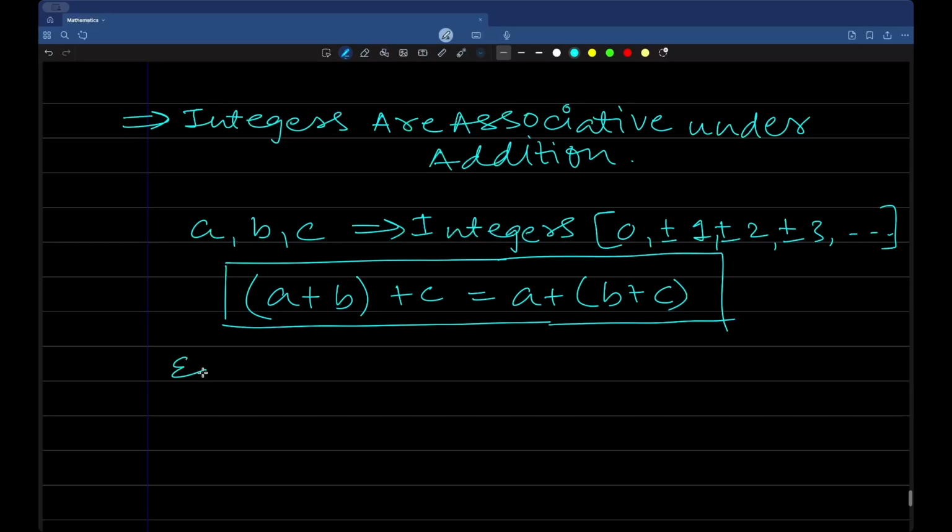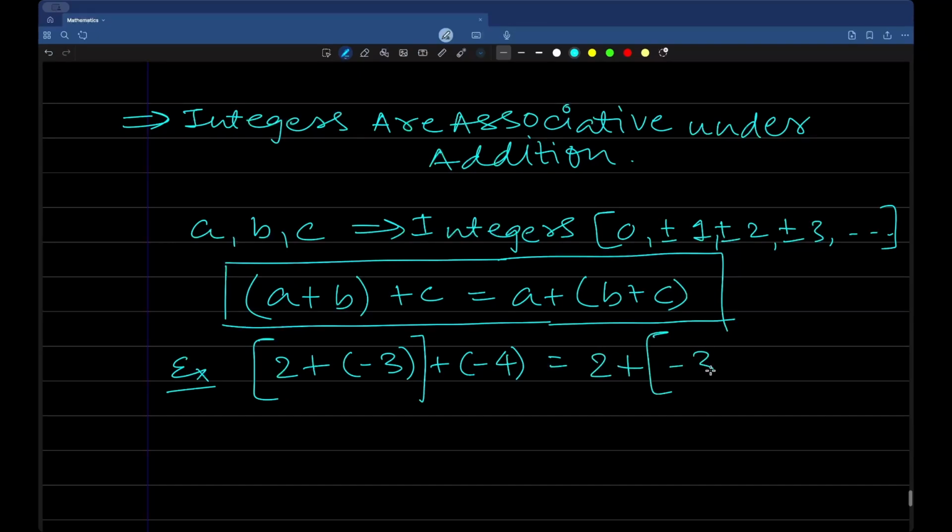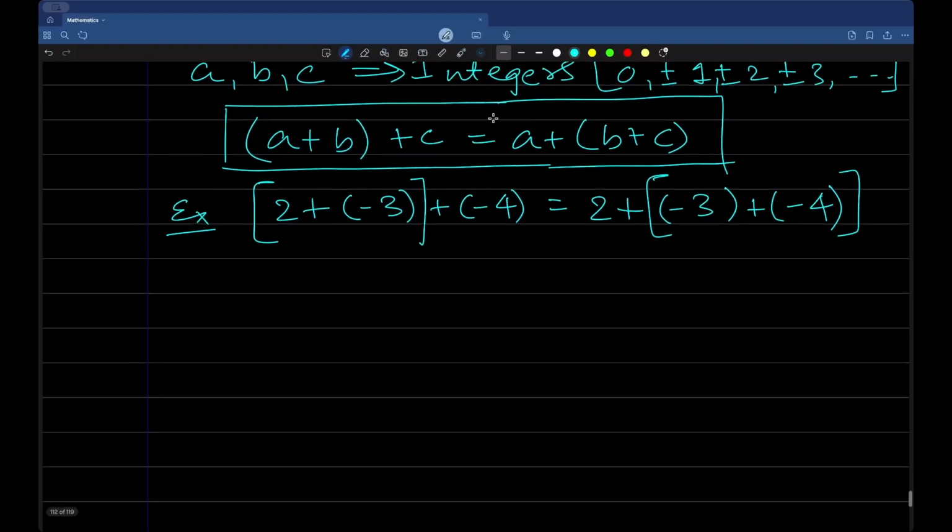Let's take one simple example. Let's take a equals 2, b equals minus 3, c equals minus 4. We have bracket a and b on left side, and bracket on b and c on right side. Let us solve LHS first.